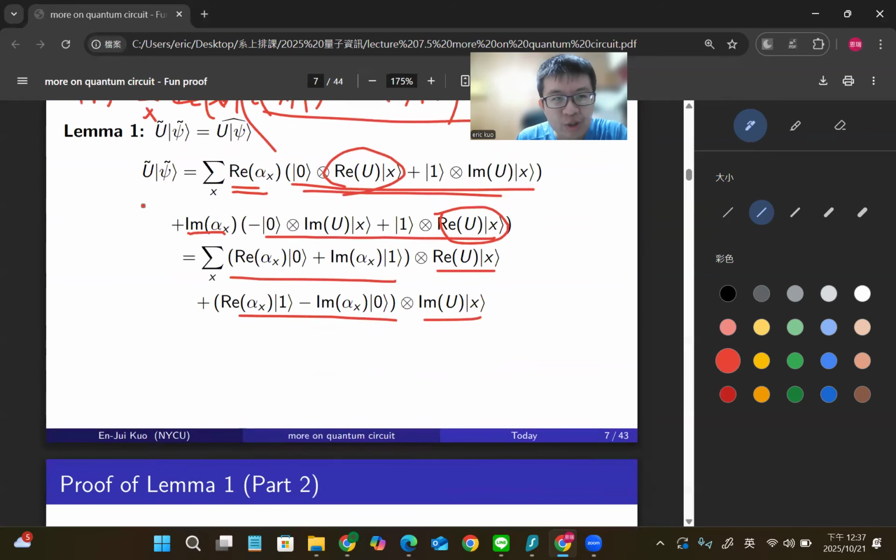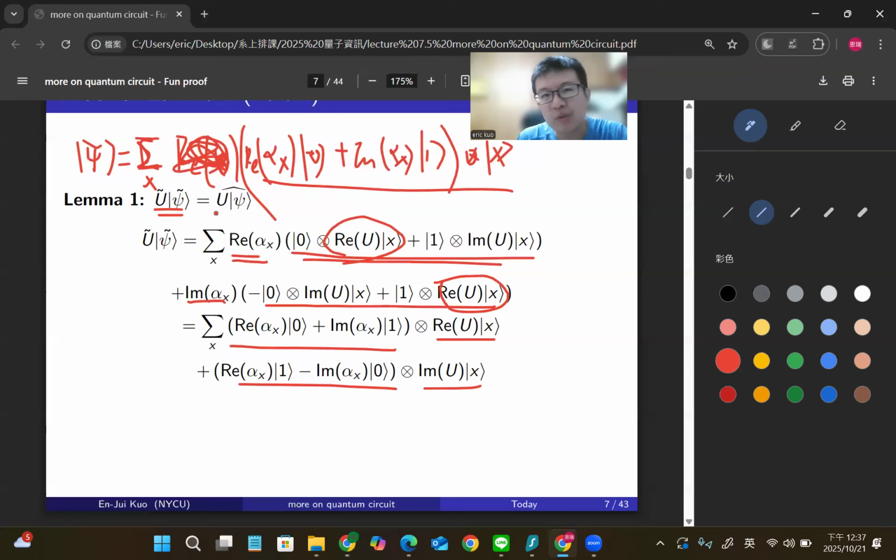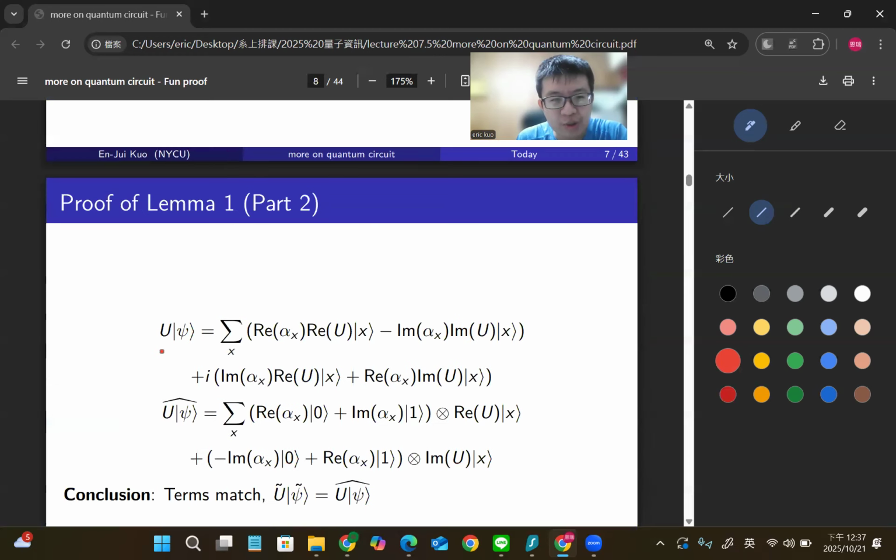Okay, so this is the left hand side, right? So how about the right hand side? Let's say we take U applied on psi.